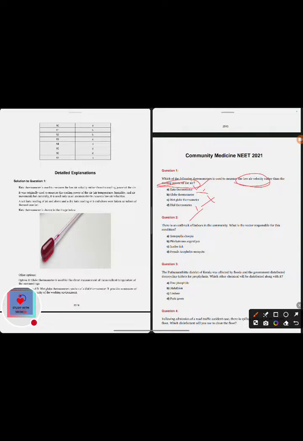But currently it is used only as an anemometer to measure low air velocities. A wet kata reading of 20 and above and a dry kata reading of 6 and above were taken as indices of thermal comfort. This is the kata thermometer.